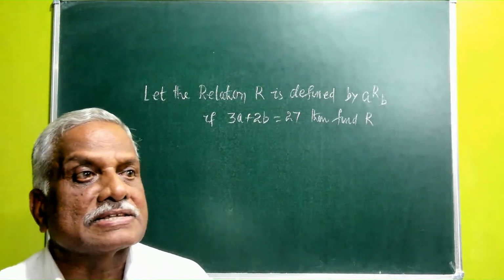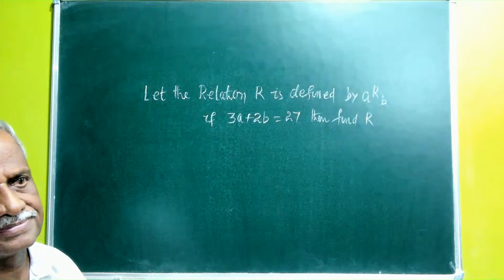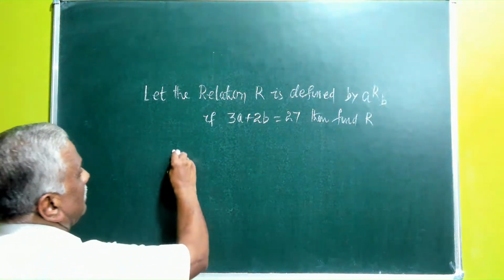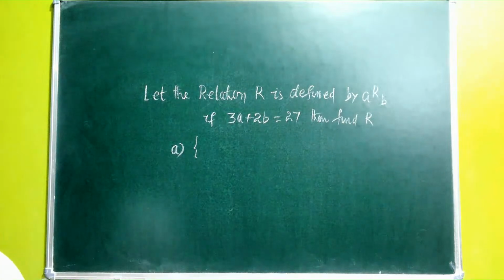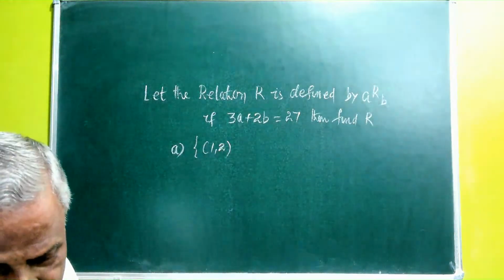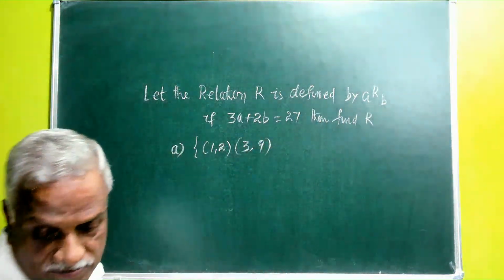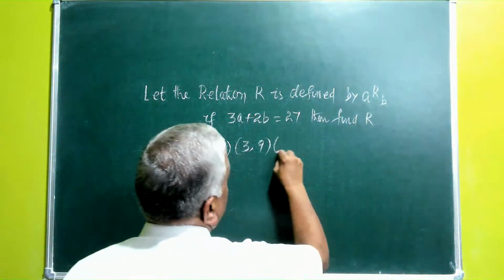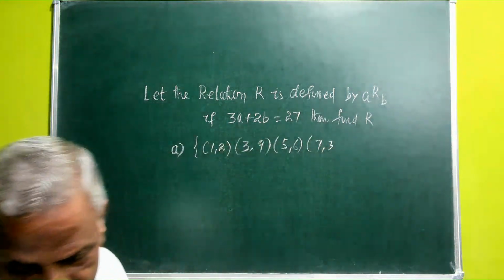So what happens in this problem is, they have given some answers. Say for example, they might have given the first answer as 1, 2, 3, 9, 5, 6, 7, 3.